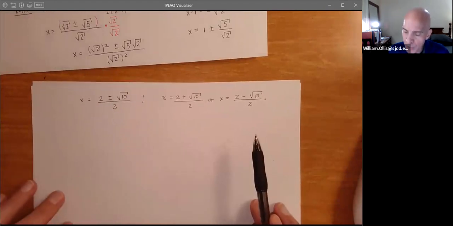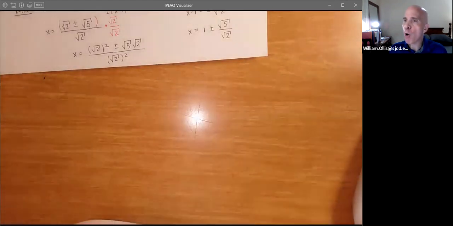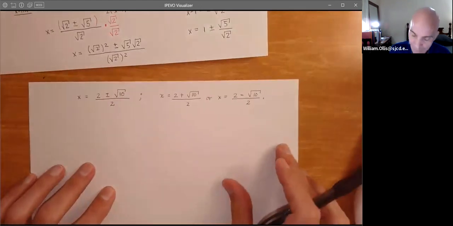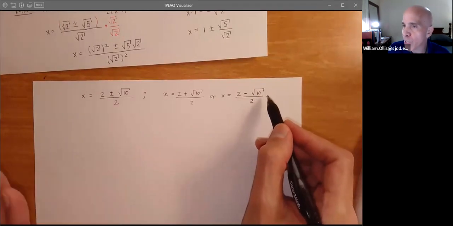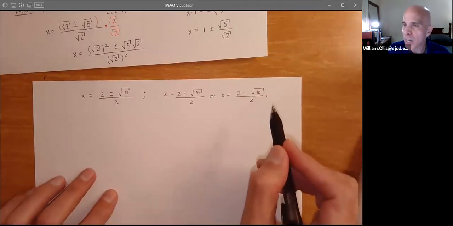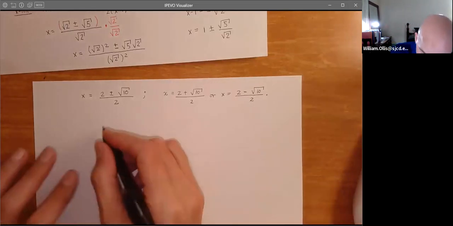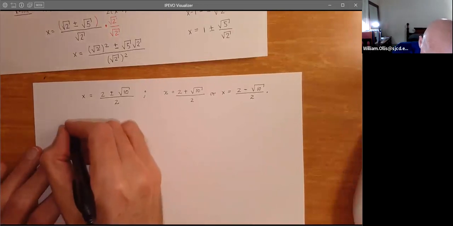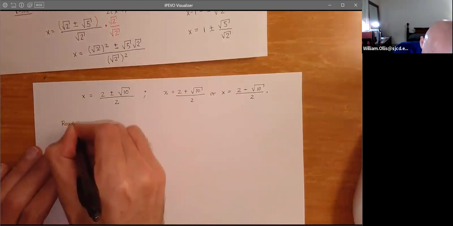Now, when you look at this, let's just do a ballpark approximation. We can say square root of 9 is exactly 3. Square root of 10, we could just say roughly 3.2, just to make life simple. So here is a rough estimate.